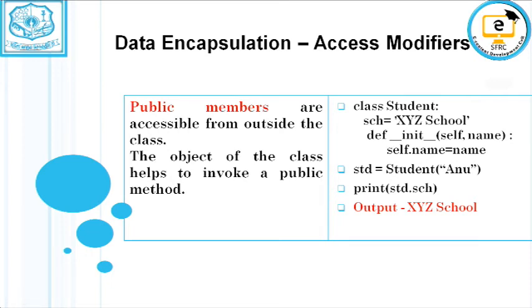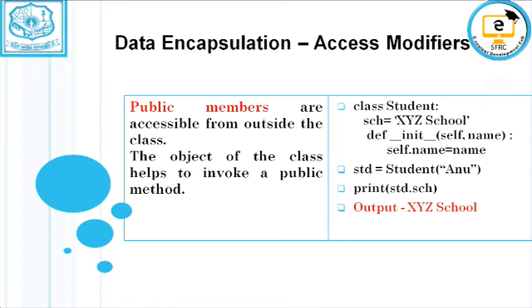Class student: SCH is equivalent to XY is at school. SCH is the name of a variable which has been created as a public variable. Then inside the init method, I have given self.name is equal to name.